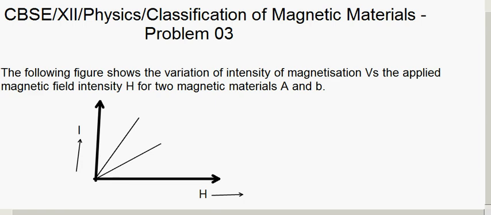This is A and this is B. This is the graph, and let us complete the question.